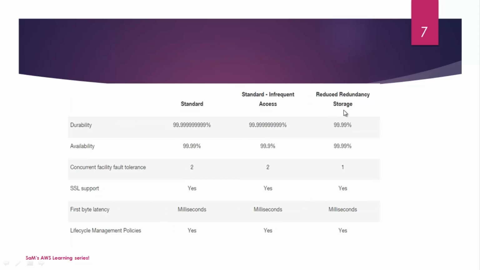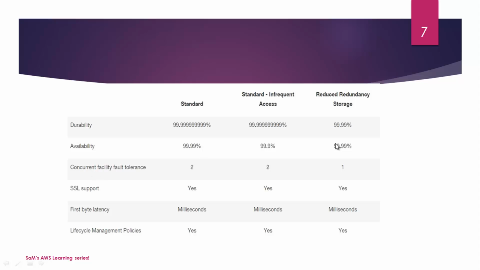And finally, we'll be talking about reduced redundancy storage. If you remember, this will be used when the data that you upload into RRS is reproducible. Use it for non-critical data, things like keeping thumbnails.